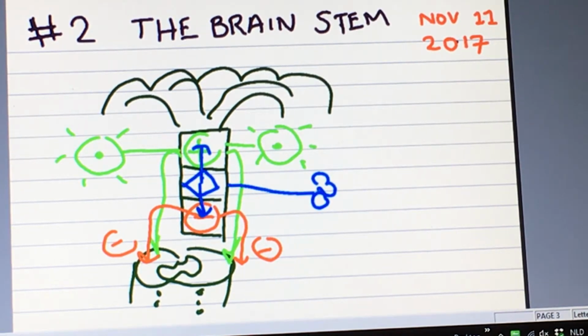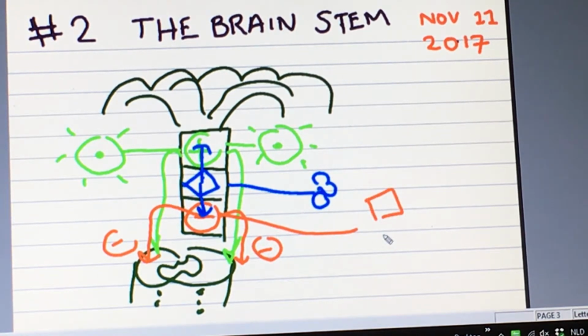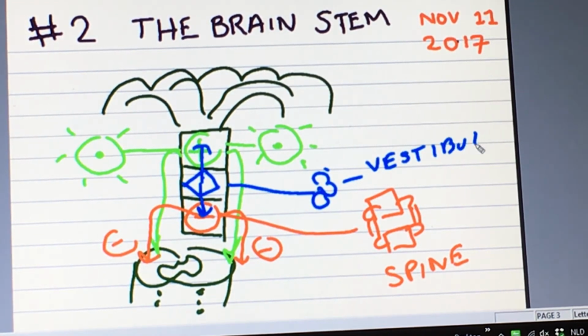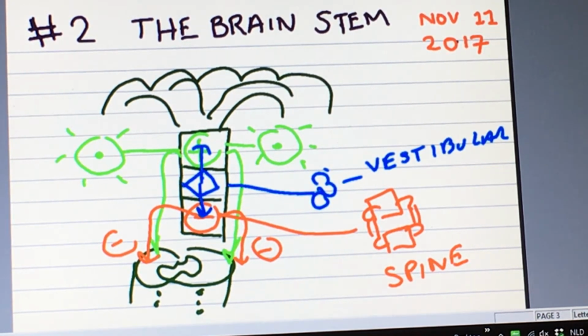Whereas the lower center areas are connected to the spinal cord, mainly going down to your spinal intrinsic muscles. So we realize that the spine is intrinsically regulated by the middle areas, which is your vestibular system, and obviously the upper areas where the eyes are, the visual system.